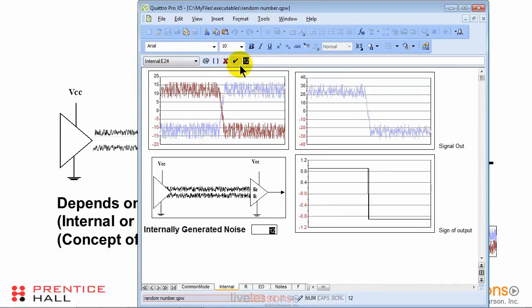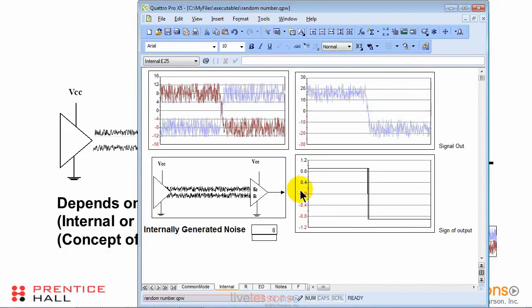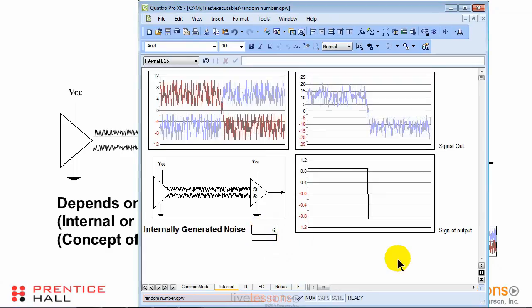Let's change this to 8 units and see what happens, and I still get a pretty clean signal. I've got a little bit of uncertainty right here, but that's probably not going to pose a problem. Let's run 6 units of signal, and it still looks reasonable.